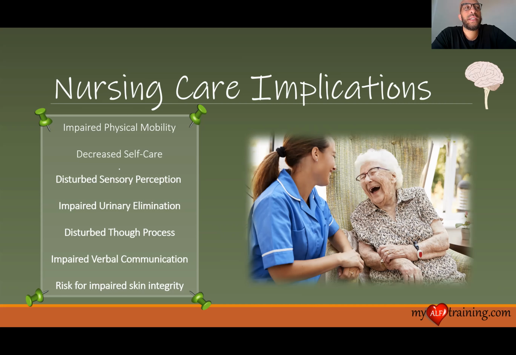So for these patients, it's best to sometimes have a word chart or a piece of paper and a pad for the patient to try and write out letters, or pictures for the patient to point to what they need to assist you in being able to communicate with them. So that is very important. Something you can have as a nursing care implication for these patients.